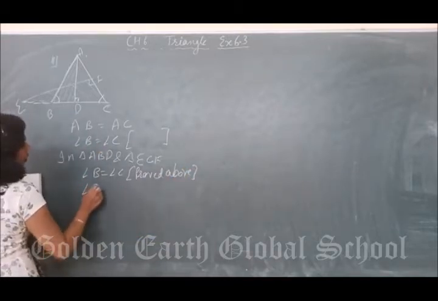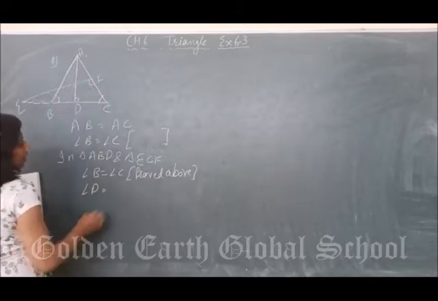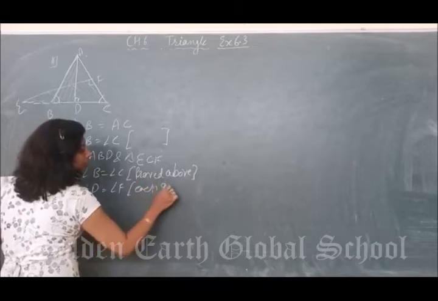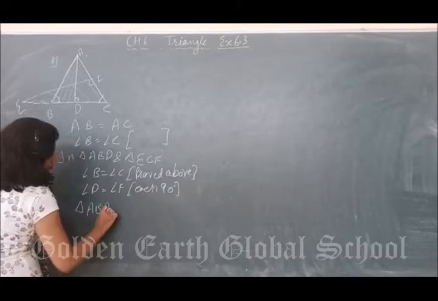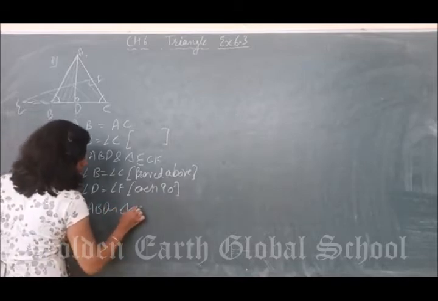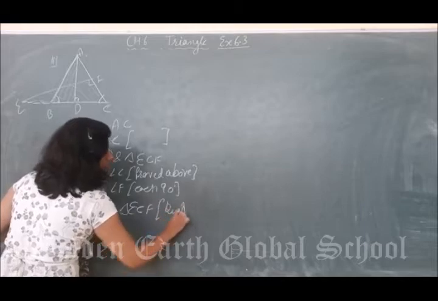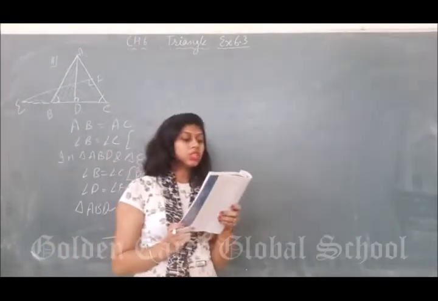Angle D in triangle ABD and angle F in triangle ECF are each 90. So we can say the triangles are similar by AA. Clear? Next, question number 12.